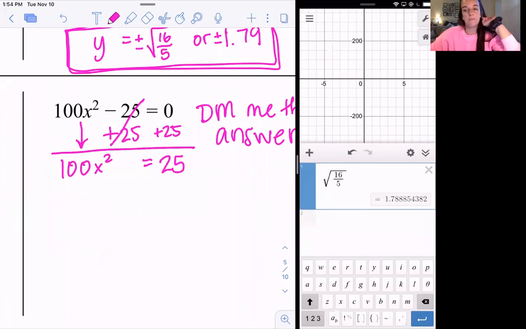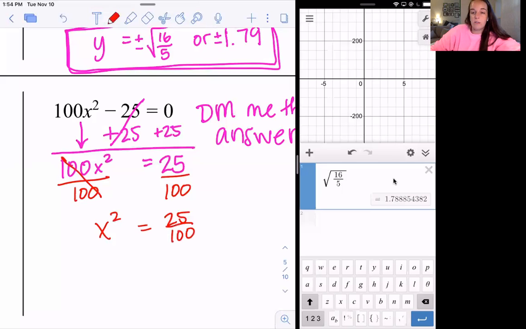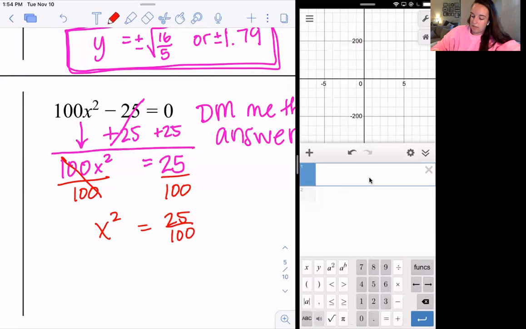Then you divide by 100. Amazing, Miliano. Divide by 100. So you get x squared equals 25 over 100. If you like to use a decimal, you could at this point write 25 divided by 100 or 0.25.